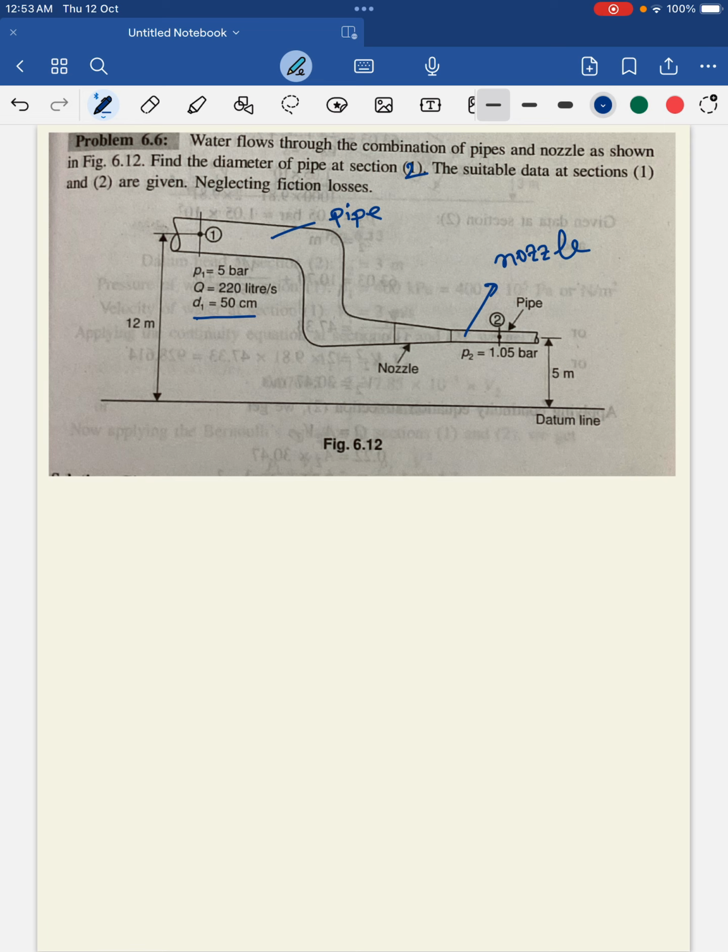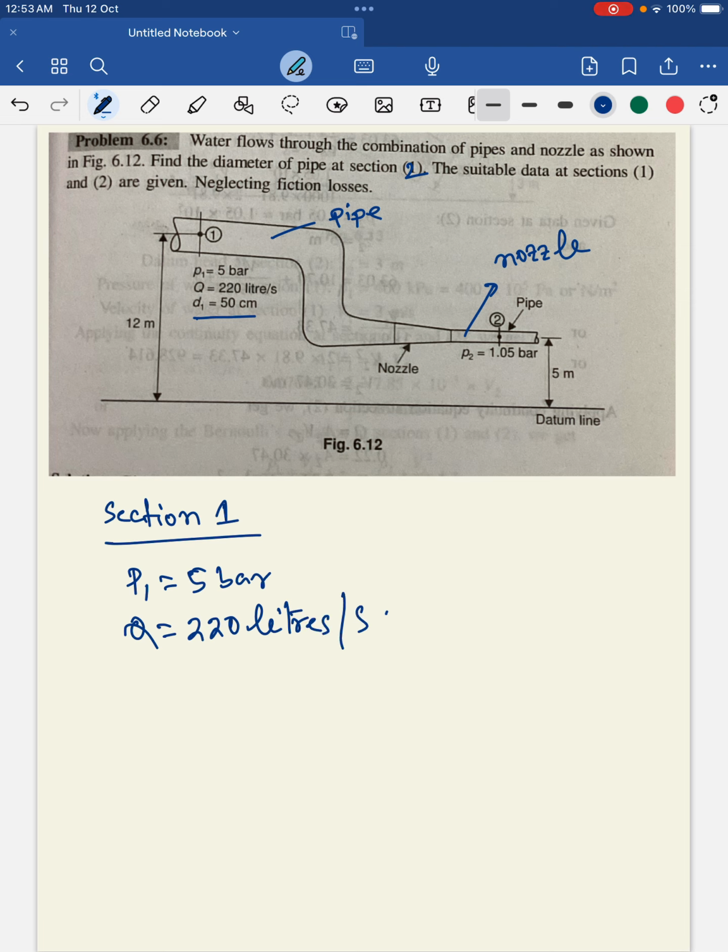Now the data is given at section 1: P1 is 5 bar, Q is 220 liters per second, and D1 is 50 centimeters.